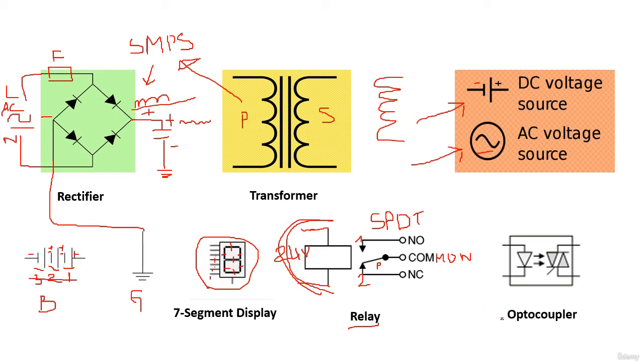And this is the optocoupler. The optocoupler is used to control the output signal and also to isolate between two stages. We always find this optocoupler in the SMPS, the switching mode power supply.